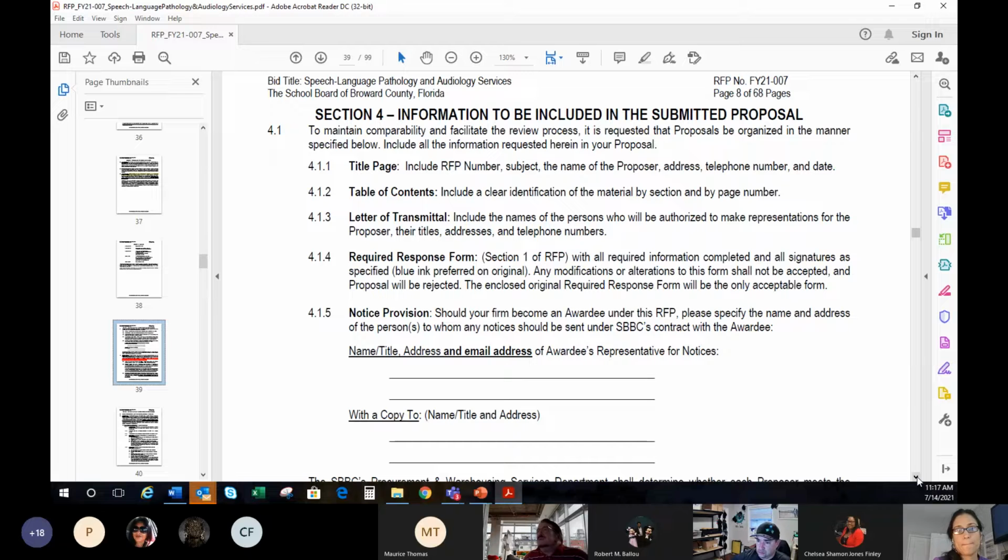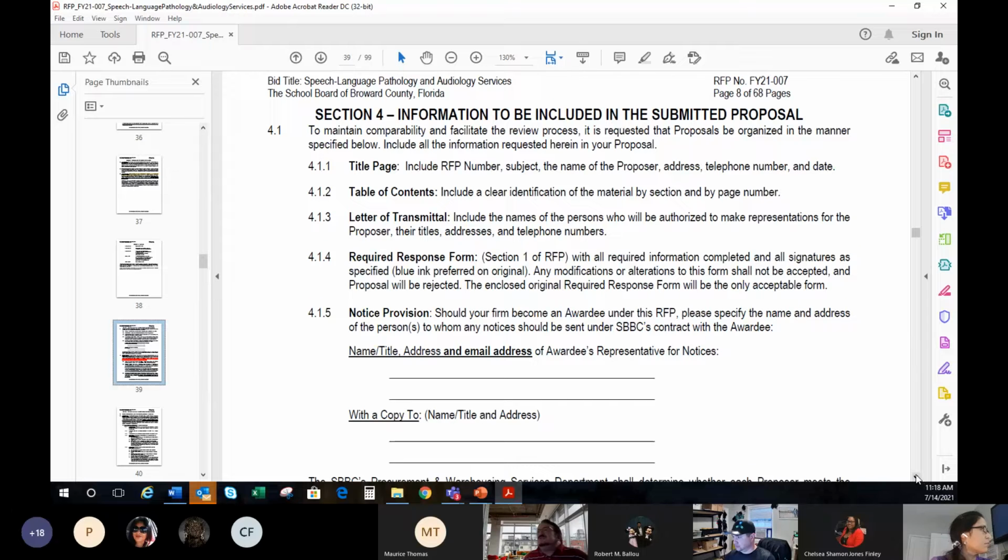This includes the names of persons who will be authorized to make representations for the proposer, their titles, address, and telephone numbers. The letter of transmittal also includes a short paragraph of what you do, and that you can perform these services under this RFP.